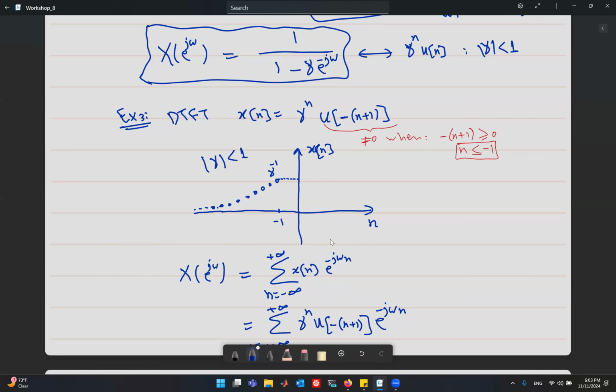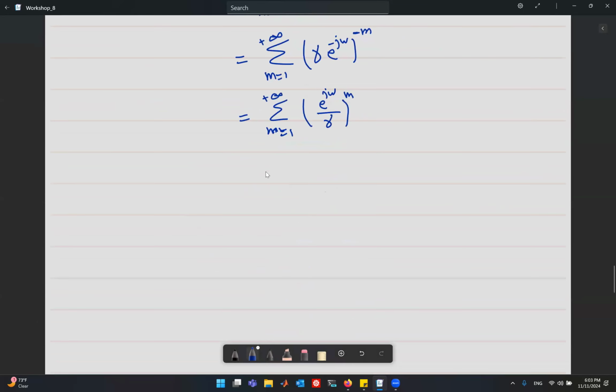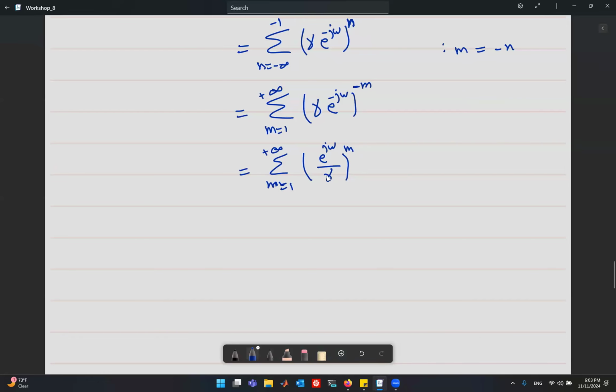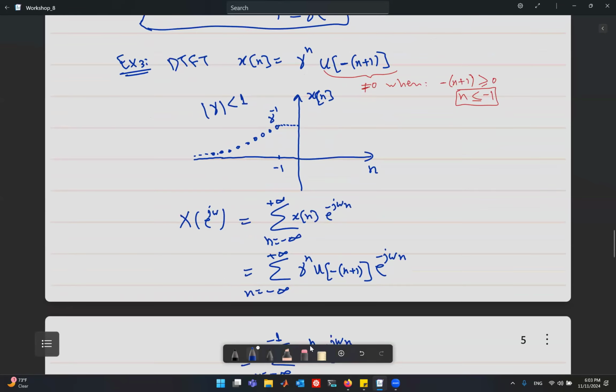For this non-causal signal, this will not converge if the absolute value of gamma is less than 1, because the overall term will be larger than 1. So the mistake I made is that for the non-causal signal, the absolute value of gamma should be larger than 1. And here, because the power is negative, it's decaying.